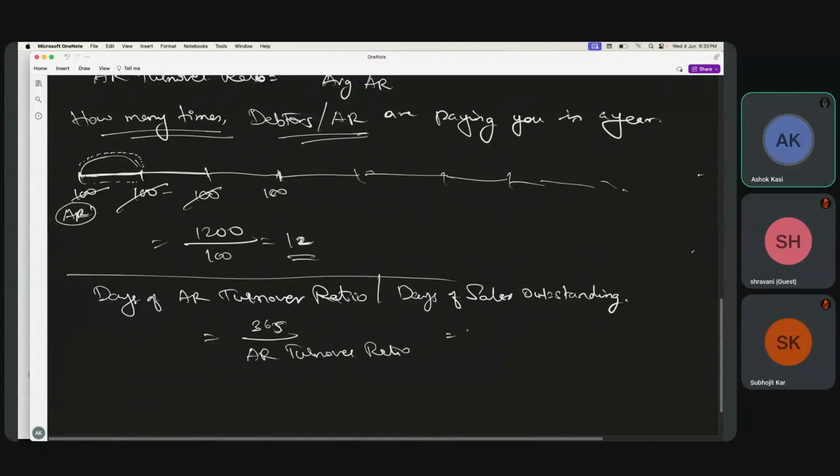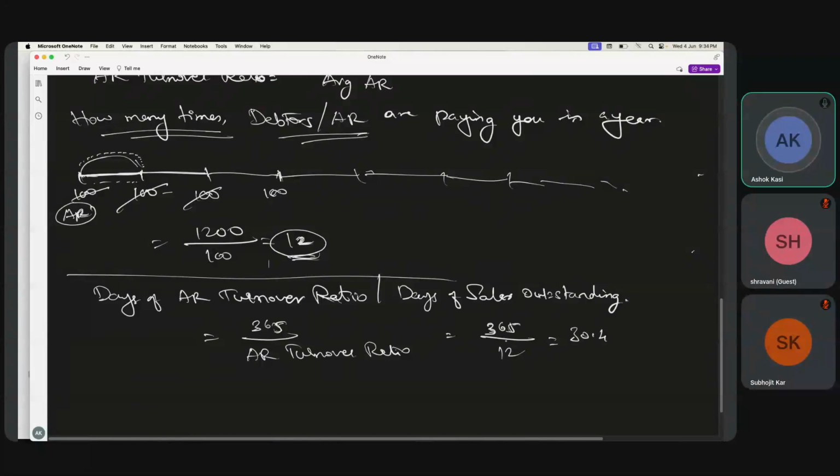So that means 365 divided by the account receivable turnover ratio, which is 12, right? So divide this, how much are you getting? 30.4.